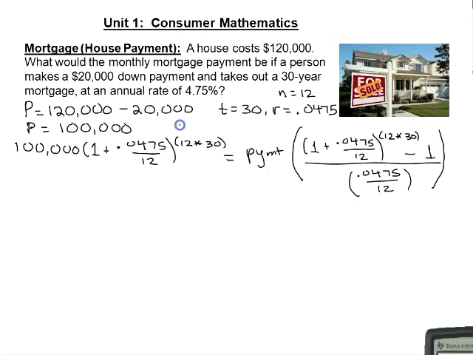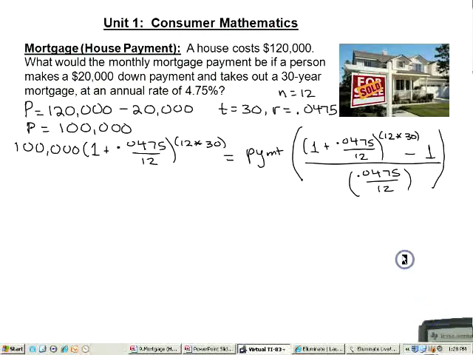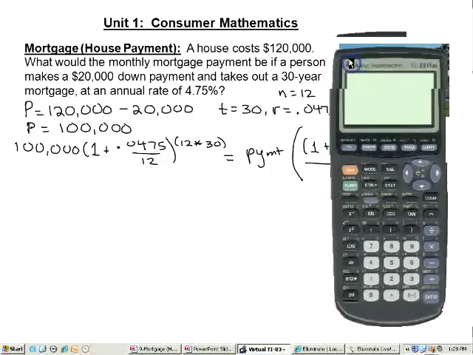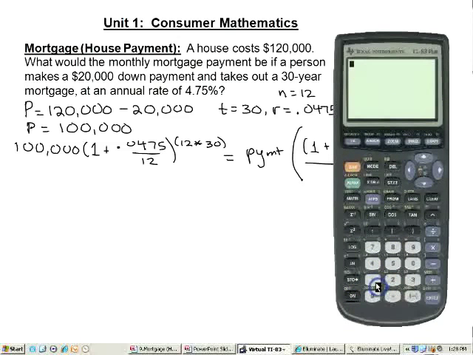Well, the good news is the left-hand side of this equation can be typed directly into our calculator. So we will have 100,000 times parentheses 1 plus 0.0475 divided by 12, close parentheses, raised to the parentheses 12 times 30.